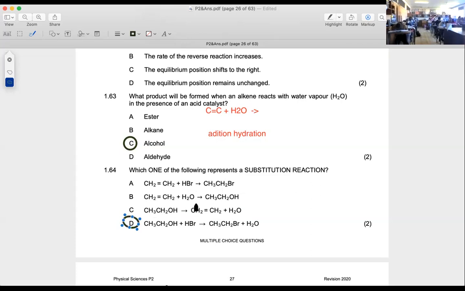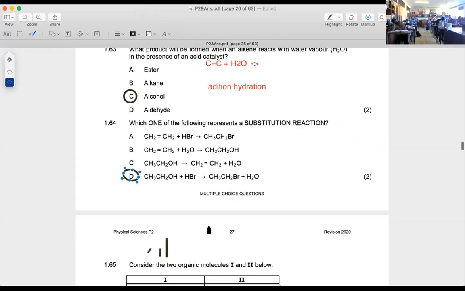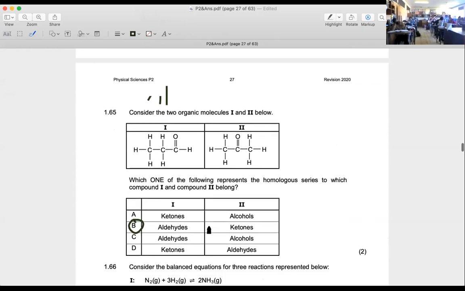That must be elimination because it started with 1 and it eliminated the water. But when you start with 2 and you end with 2, it's substitution. Okay, so now there's things you've got to remember for substitution. Normally there's a bromine or whatever involved. There's an alcohol involved, and there's single bonds involved, and yeah, well, I think that's enough. It's easy enough.